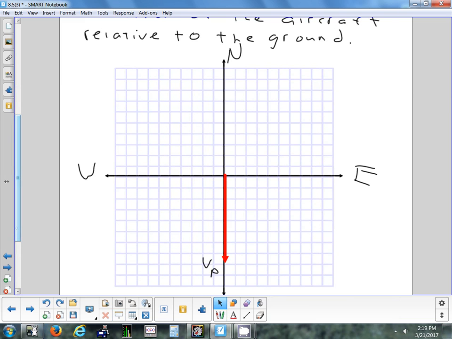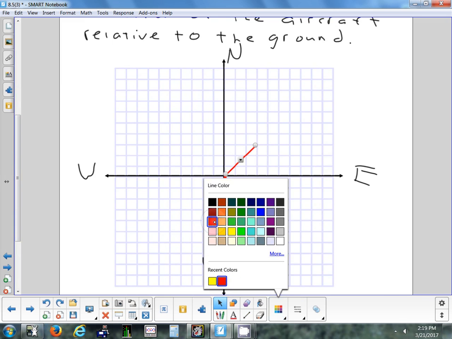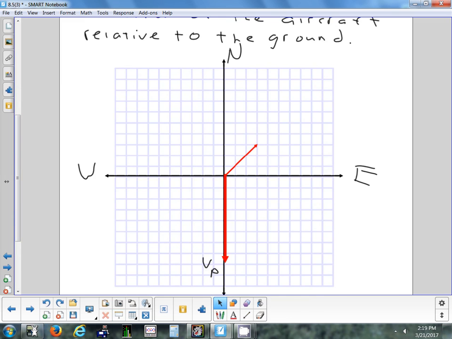It doesn't have to be to scale, just roughly like that. Okay, that's the jet stream. Any questions on that? Let's call that V sub w, the velocity vector for the wind.